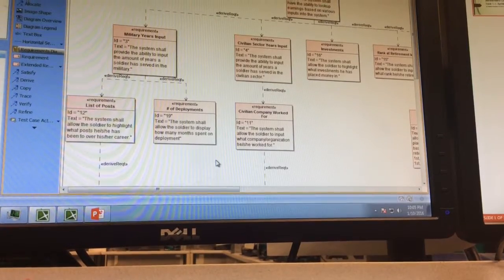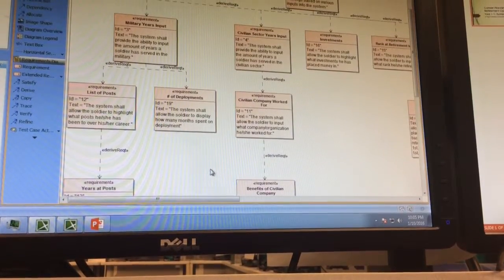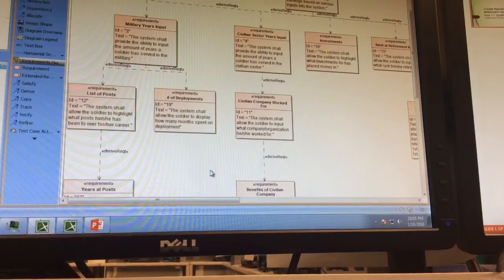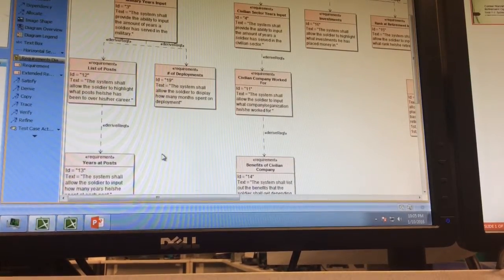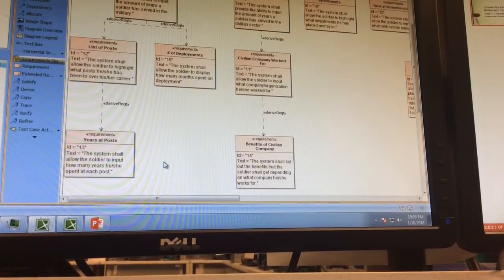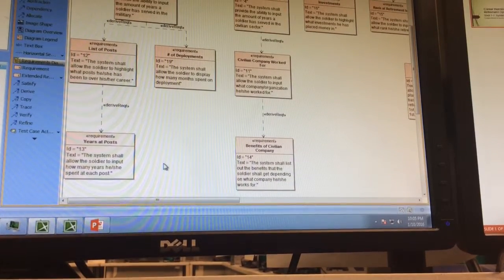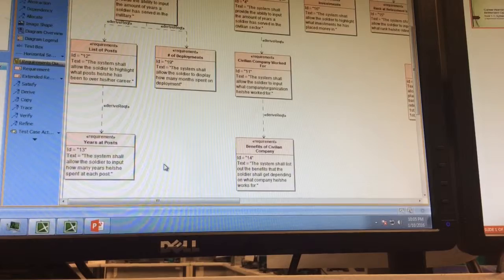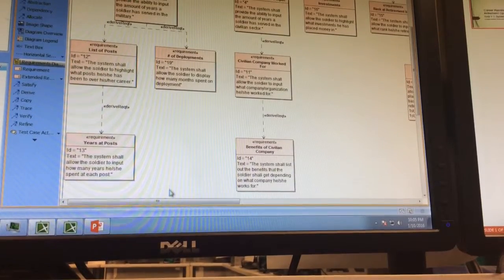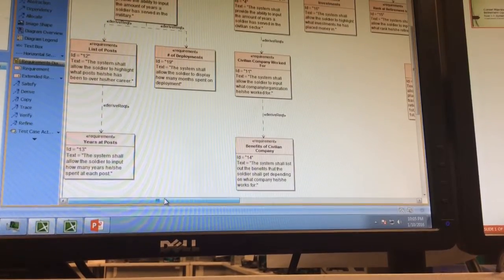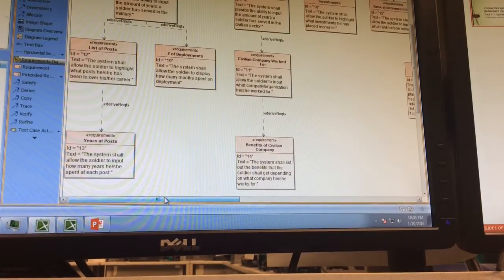For the military years input, we broke that down into a list of posts, and that would also be broken down further into years at each individual post that they served at while they were in the military. Also, we looked at their number of deployments in months, which would help to determine their total military retirement career earnings.